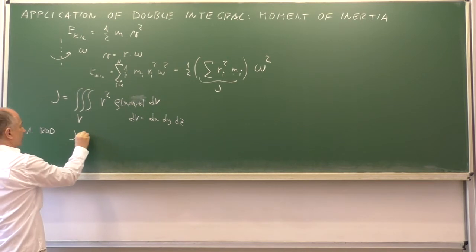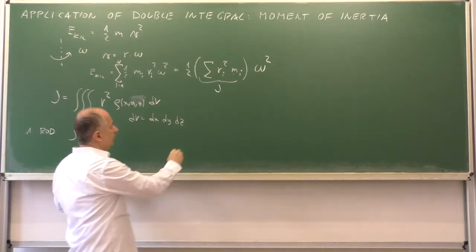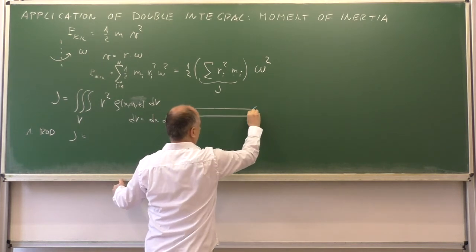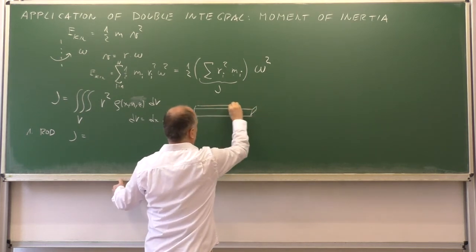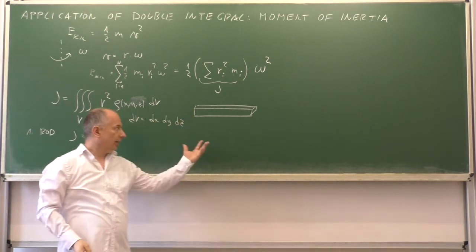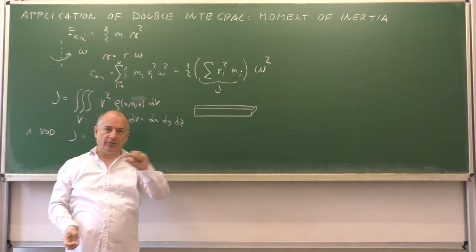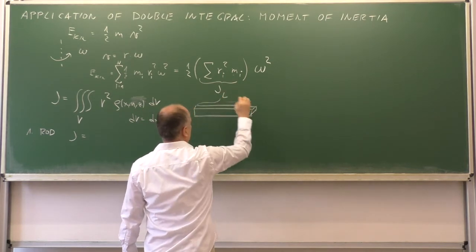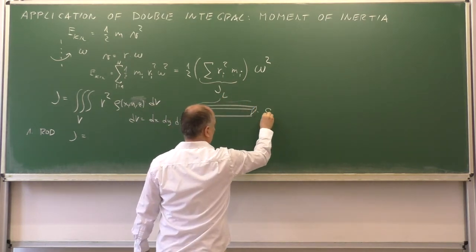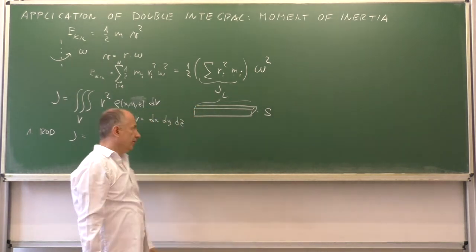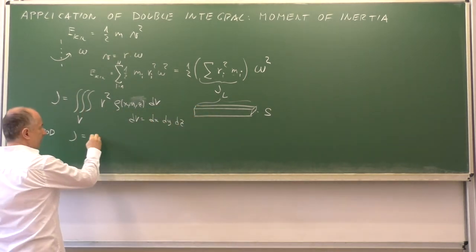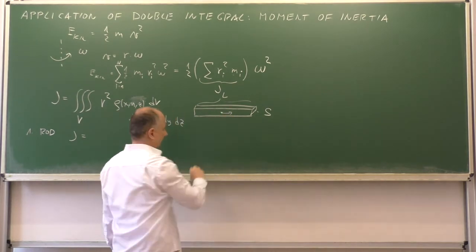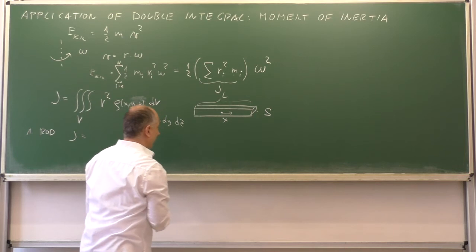So the moment of inertia, if we visualize the rod in this way, an object which is long and very thin, with length capital L and area of the cross-section capital S. Then we can start with the origin in the middle, and we can have some coordinate x.